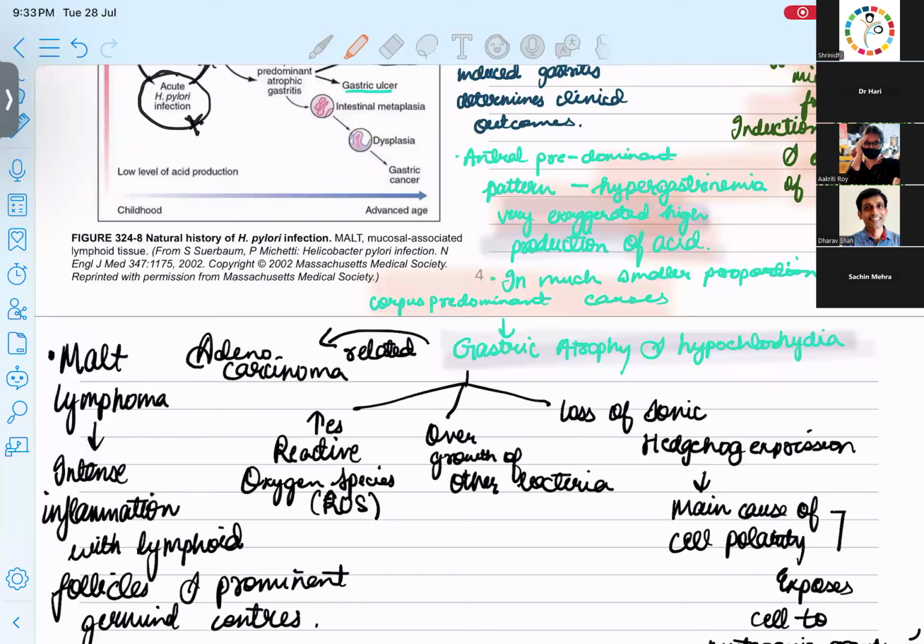Now, what happens because of this? Gastric atrophy causes an increase in reactive oxygen species (ROS), overgrowth of other coliform bacteria, which were dormant and did not have a suitable environment due to HCl, and loss of sonic hedgehog expression.